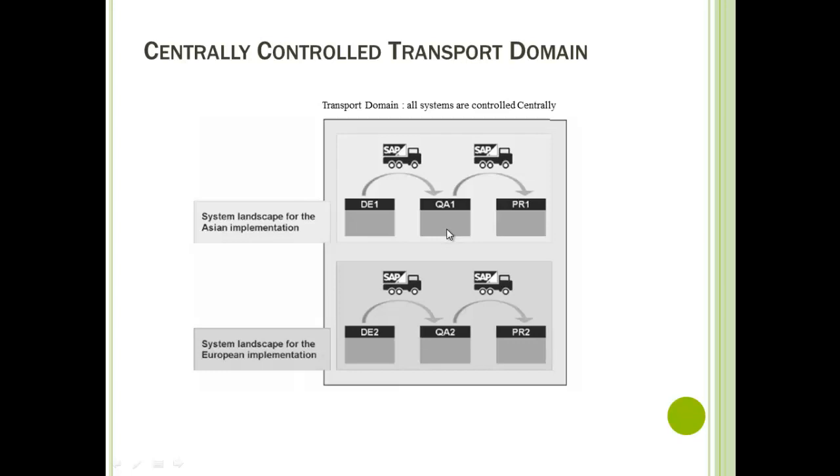Then you will distribute to all the other systems in the SAP landscape. This is to ensure the TMS configuration settings are consistent throughout the domain. And the transport domain controller stores the reference configuration, and all SAP systems receive the copy of the reference configuration from the transport domain controller.